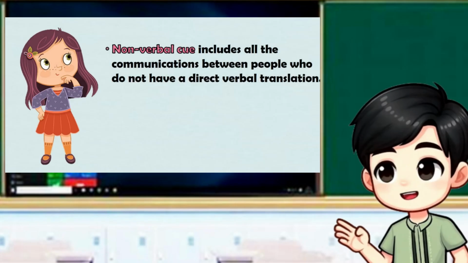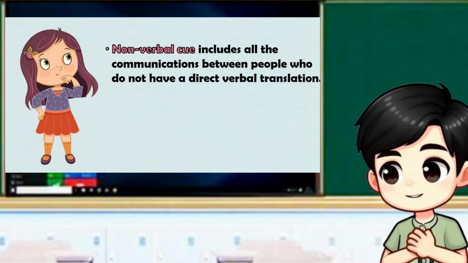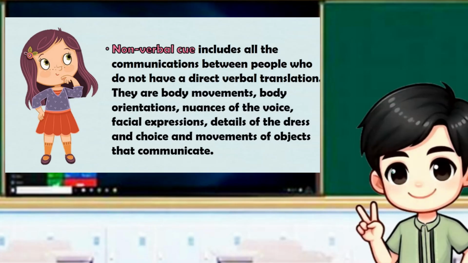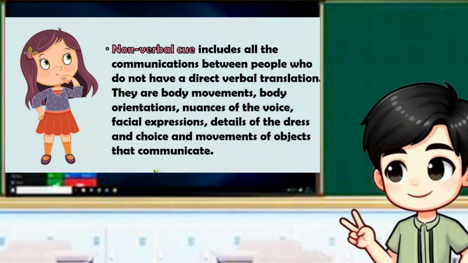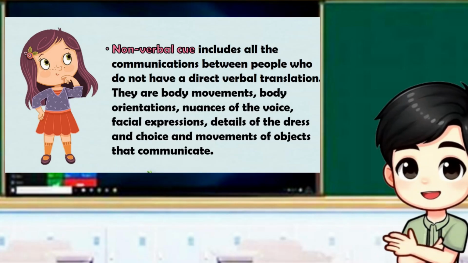Nonverbal cues include all the communications between people that do not have a direct verbal translation. They are body movements, body orientations, nuances of the voice, details of the dress and choice, and movements of objects that communicate.